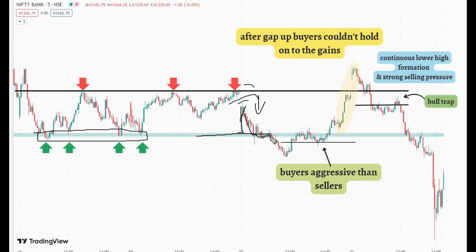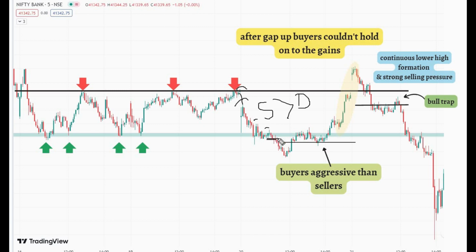Continuous testing of the support zone with lower high formation, indicating that supply is overcoming demand. Lower high, lower high, lower high. Eventually it broke this important support zone after the gap down.